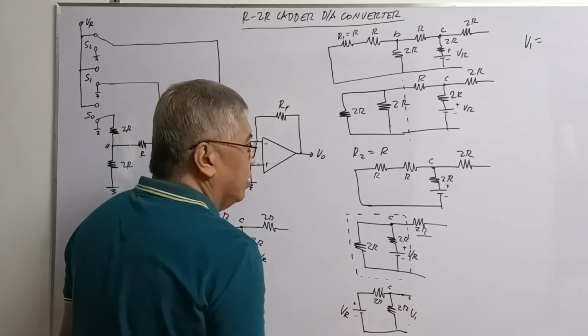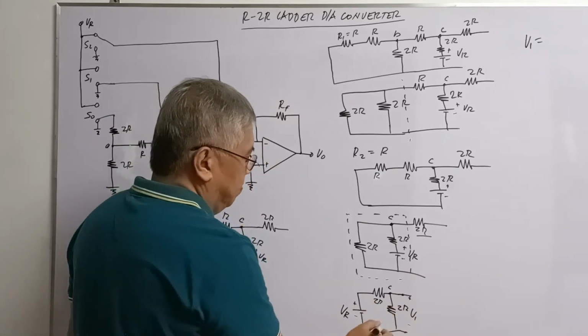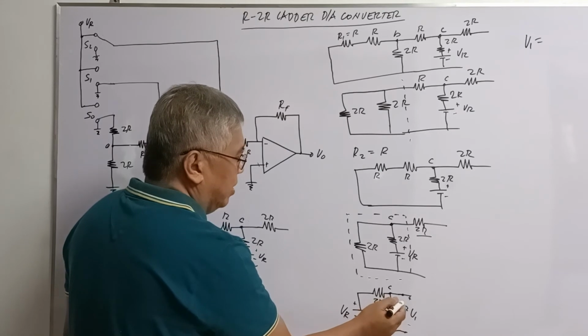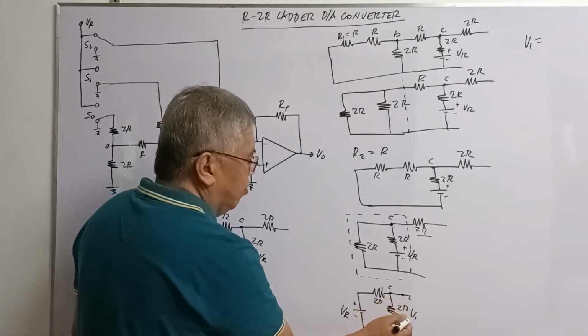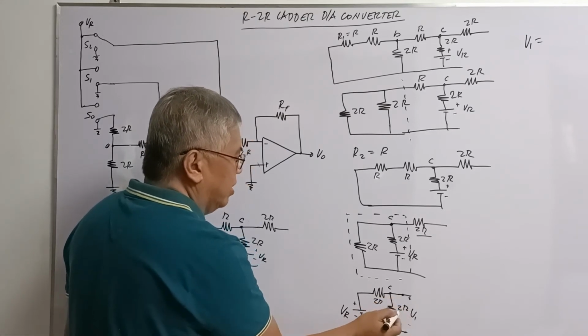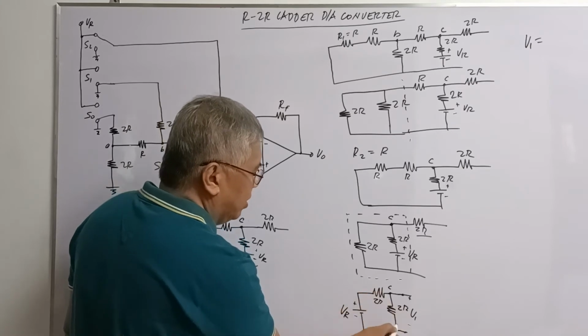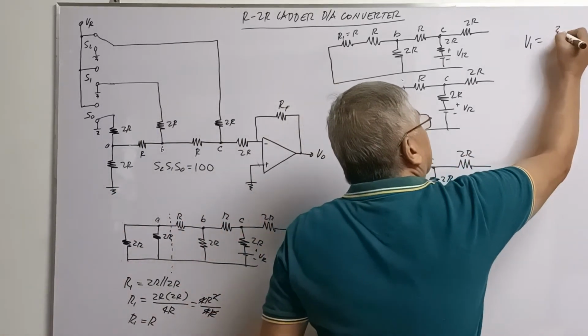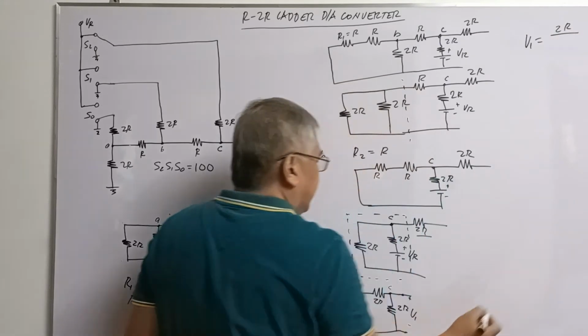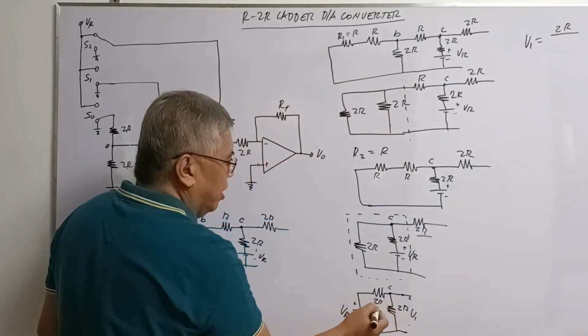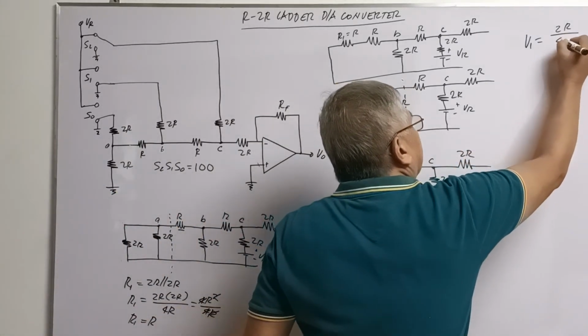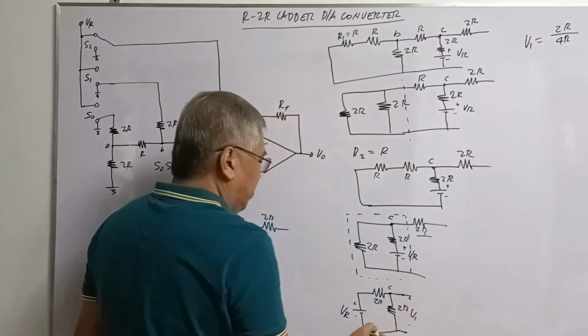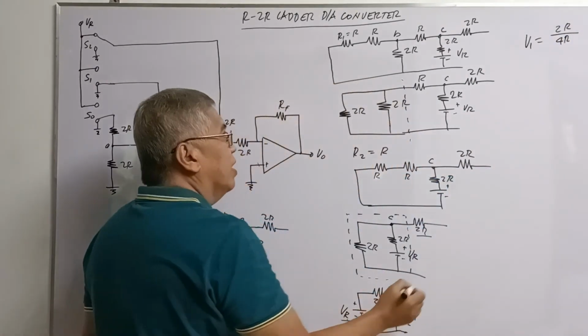V sub 1 using voltage divider. The voltage V sub 1 will be equal to the resistor connected to the ground, which is this one here, 2R, over the total resistance, 2R plus 2R, which is equivalent to 4R, multiplied by VR.